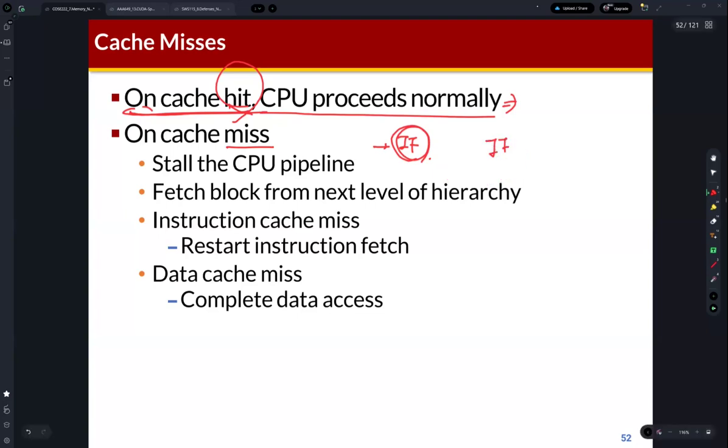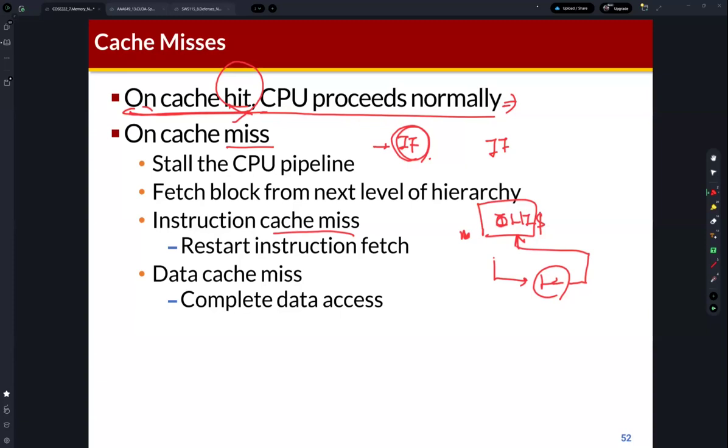So it works like this. The instruction cache miss is encountered, then the processor needs to access the lower level cache, such as the L2 cache. Then the requested cache block will be allocated to this instruction cache, the L1 I cache.